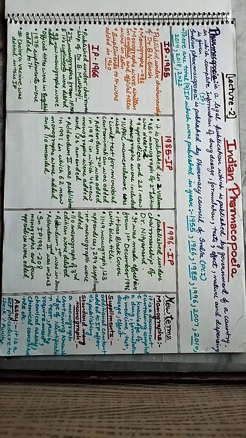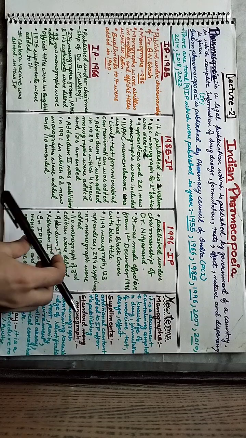Now the 2 main terms that are left are standard monographs and assay. Standard monographs are monographs that contain knowledge of identification tests, purification requirements, chemical assay, chemical constituents, etc. Now this term standard is added to monograph.